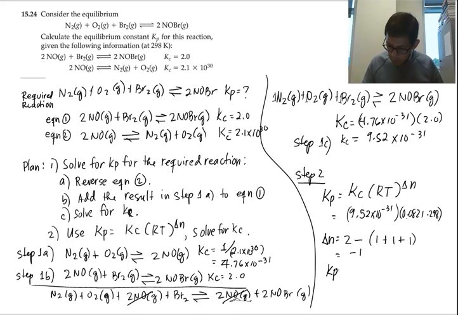So Kp is equal to 9.52 times 10 to the negative 31, and the parenthetical term is raised to the negative 1.